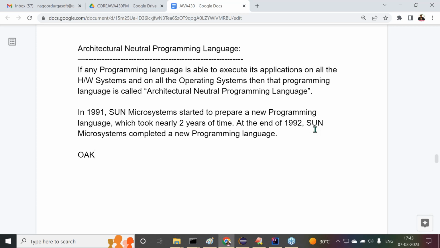Oak is already a name for an existing programming language. Previously, there was a programming language with the name Oak. If we give the same name again to our new programming language, maybe our new programming language's identity may be lost. Because people may think our new programming language is an extension of the old Oak programming language.